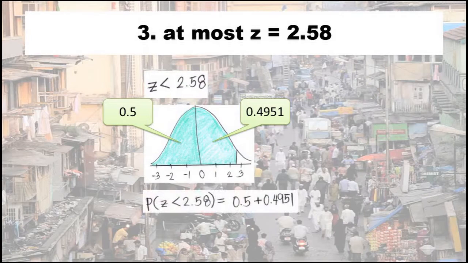So the probability of z less than 2.58 is equal to 0.5 plus 0.4951. So the probability of z less than 2.58 is equal to 0.9951.